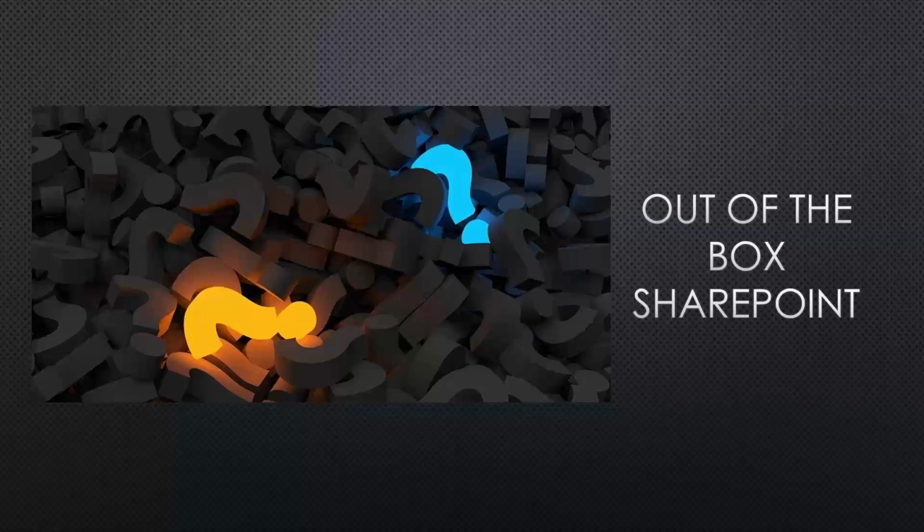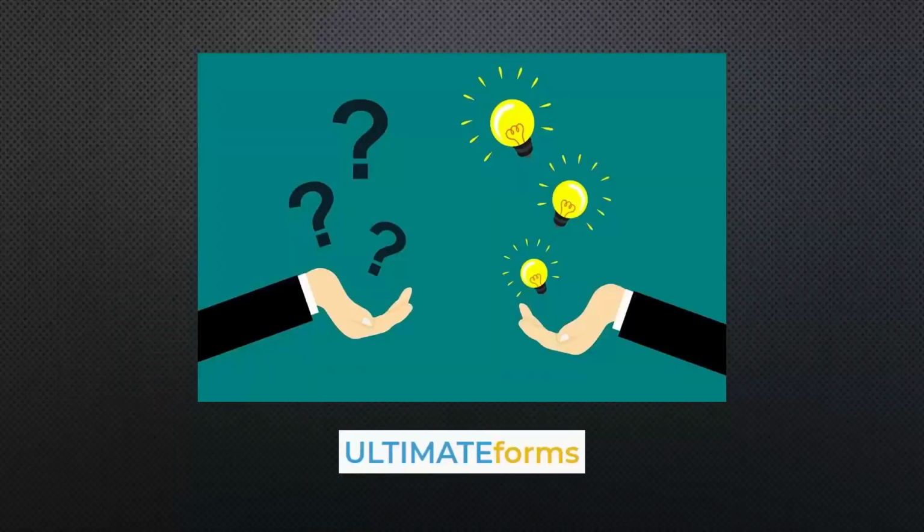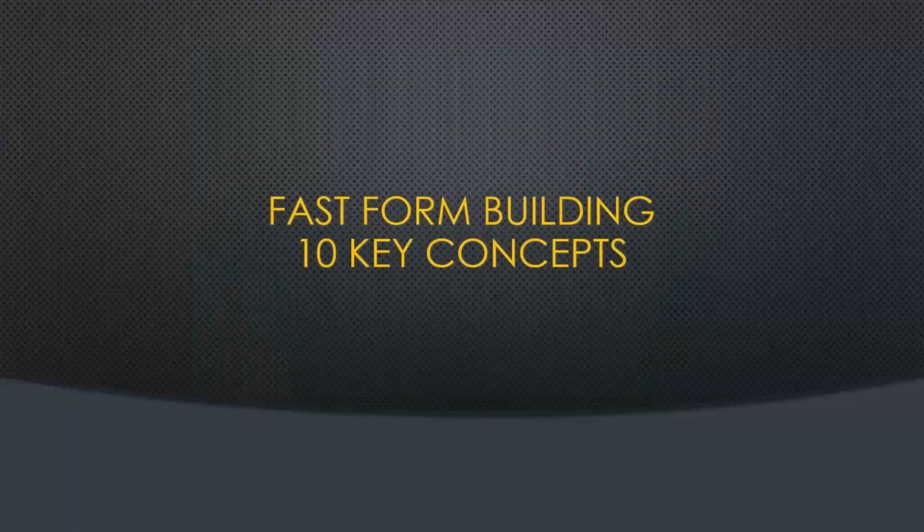So really, you need additional tools to be successful and to work efficiently in SharePoint. Ultimate Forms really addresses those needs. It addresses dilemmas and limitations that you otherwise might have. And that's why I really like this tool set. It's a big toolbox that lets you accomplish everything that you want in SharePoint. So definitely something that's a key part of all the solutions that I build.